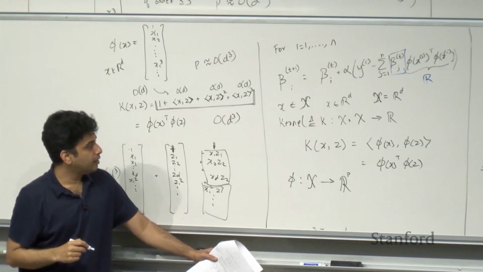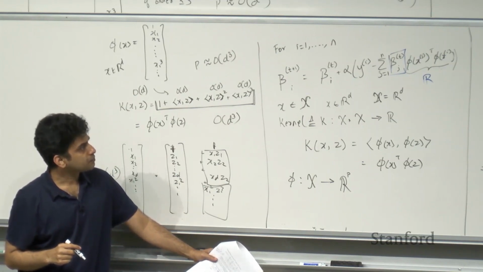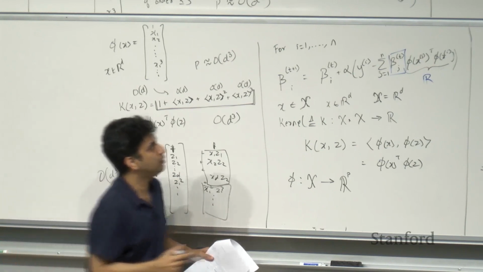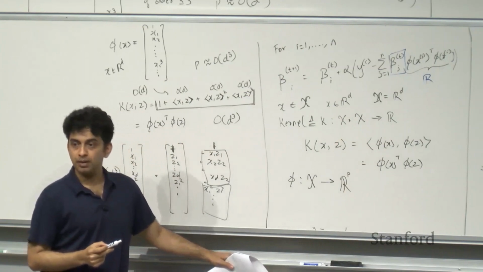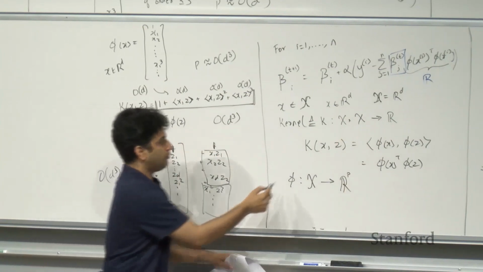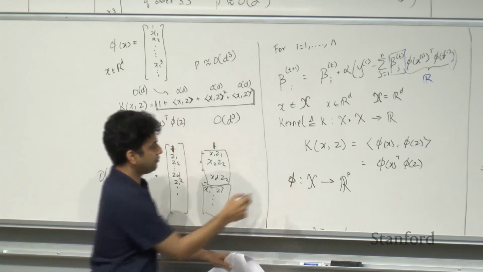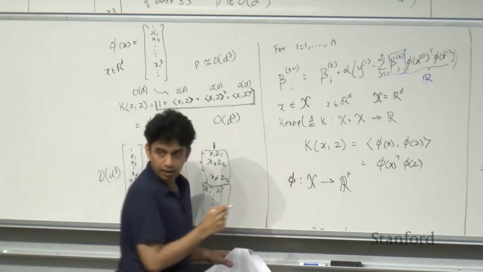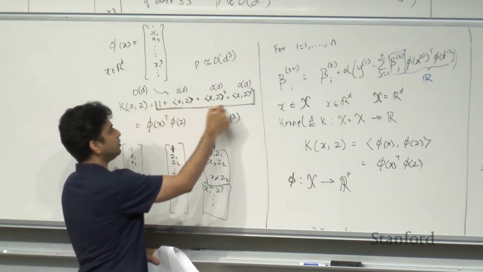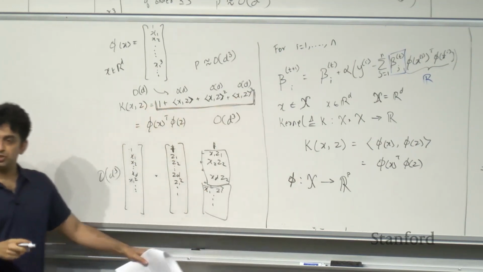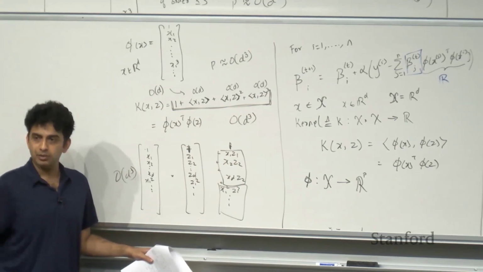The claim here is that instead of performing inner products in high dimensional spaces, a feature map phi can have a corresponding kernel k, where the kernel function has a more compact representation which is equivalent to performing a dot product in the high dimensional space.